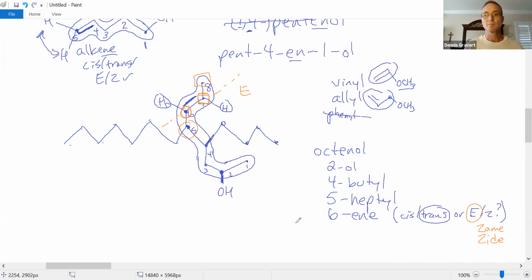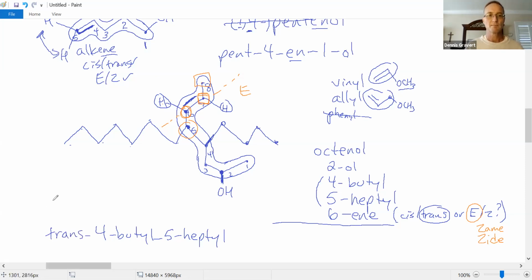Okay, so let's kind of add them up like a math problem. All the prefixes go in front in alphabetical order. So B before H, 4 butyl, 5 heptyl. Oh, there's another prefix. Cis or trans? Sorry, trans or E? I'm gonna go with trans.